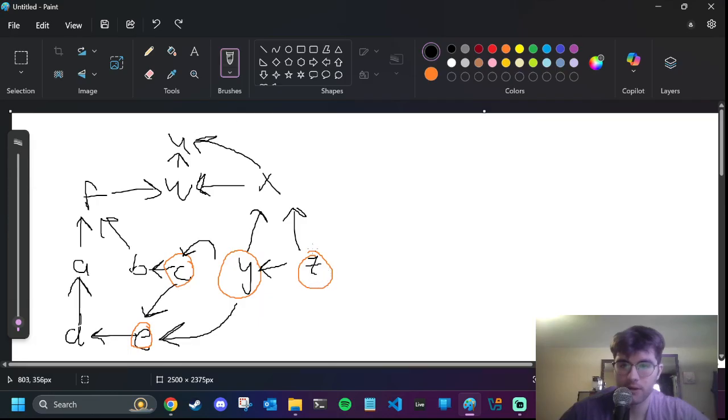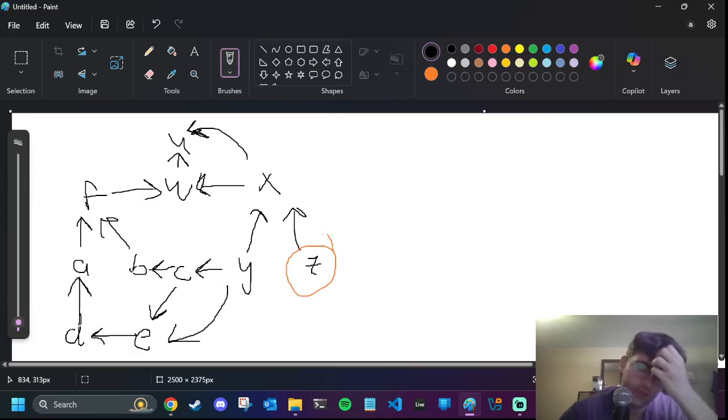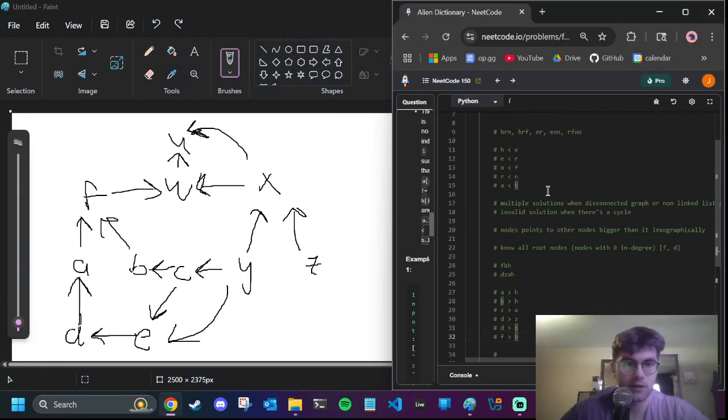Let's say this is the graph. If one of them points to Z, no matter which one it is, then it will be a cycle. So we can't assume that there will be one with an out degree of 0, but we do know that there will be one with an in degree of 0. So I'll just add this. I think that's a reasonable place to start. And there could be multiple. So that's definitely a conclusion.